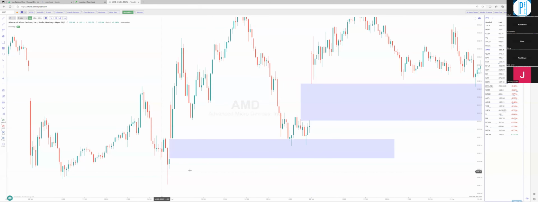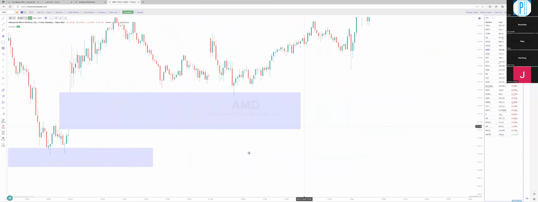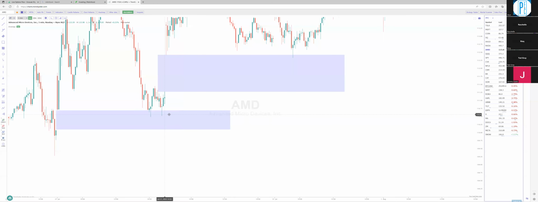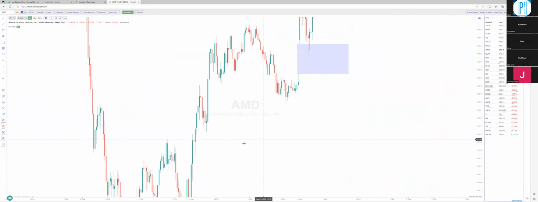Was this bull gap ever invalidated since then? No, right? So it's still valid, okay? And it's the same way with these. I think, yeah, see, now they invalidated. So now you wouldn't have them anymore, right? So there you go.